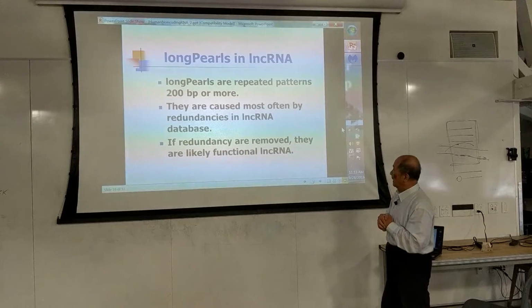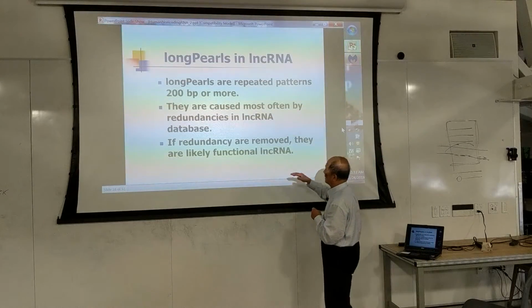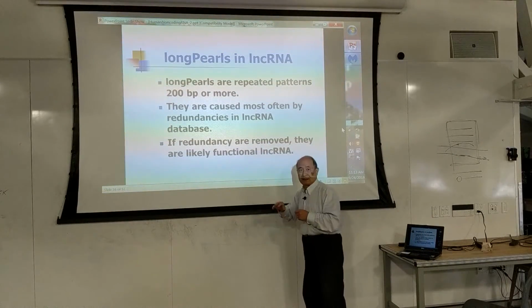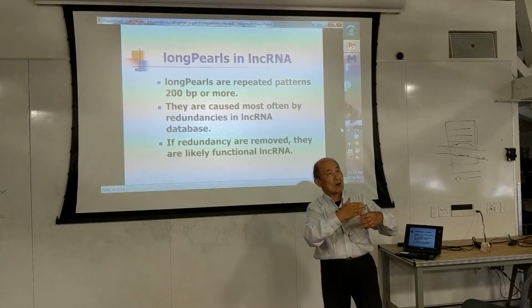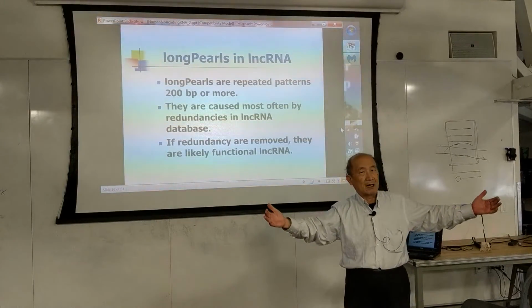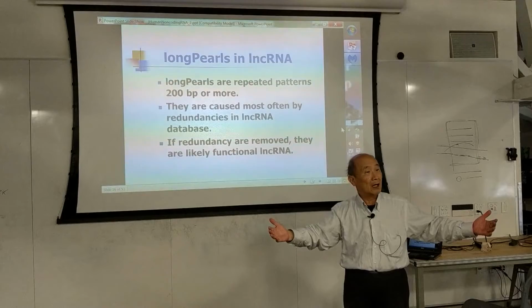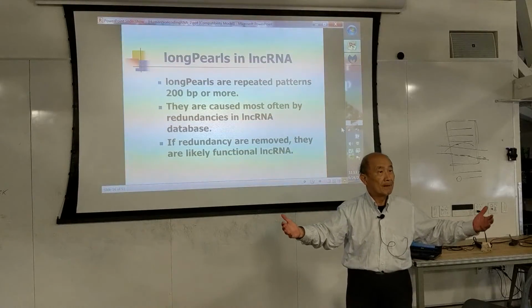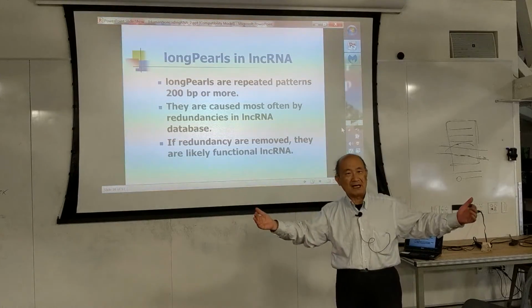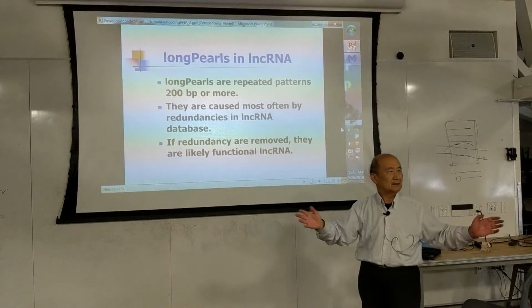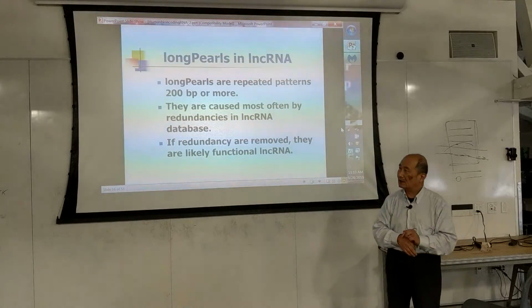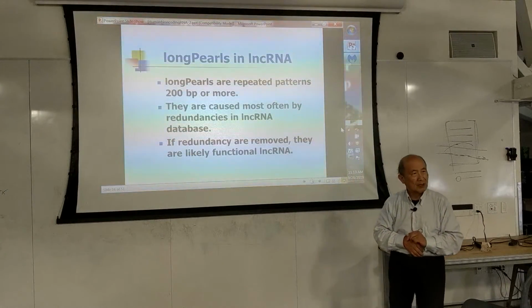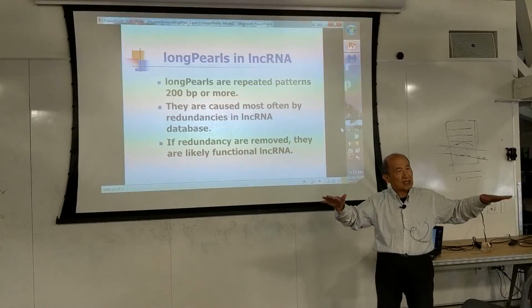But another possibility is that these long stretches of RNA are actually useful, okay? And so if I can eliminate all the redundancies in the pairs, finally I should have one set of RNA which are functional, okay?